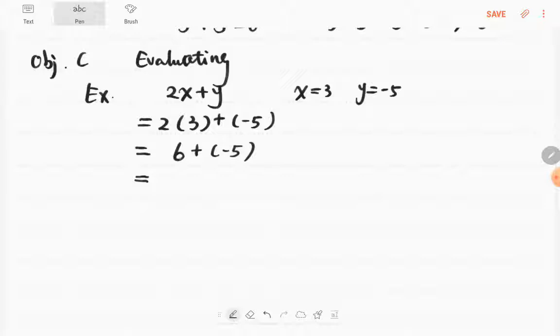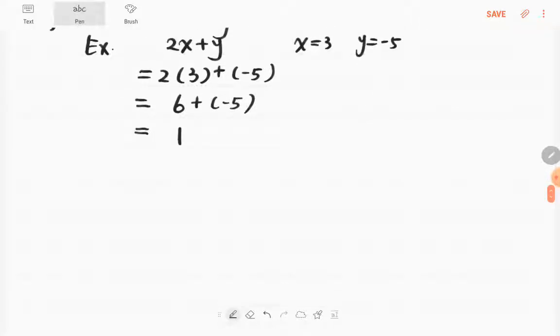So our final answer should be a positive number. Then they have different signs, positive, negative, so we only need to get the difference of these two absolute values. So it's just 6 minus 5, right? So it's 1, positive 1.